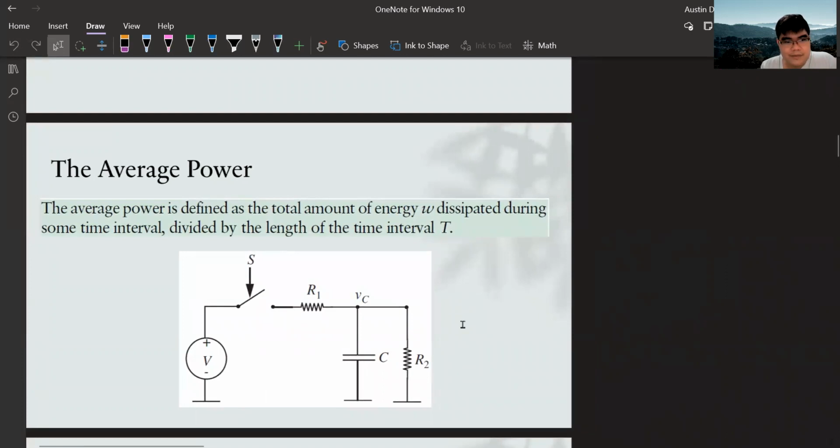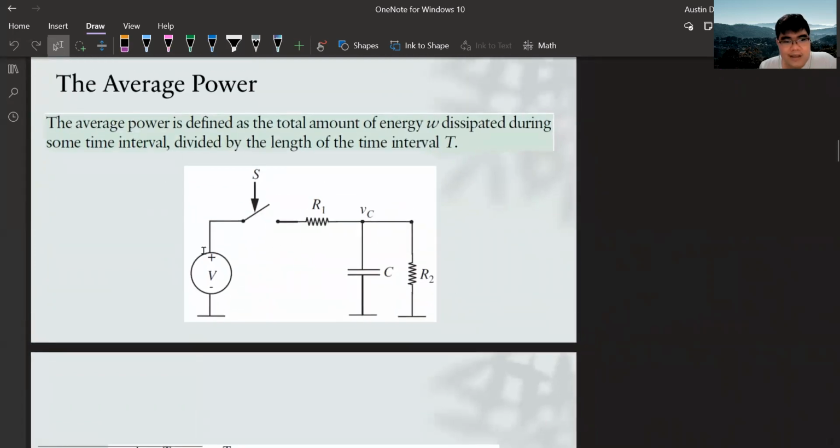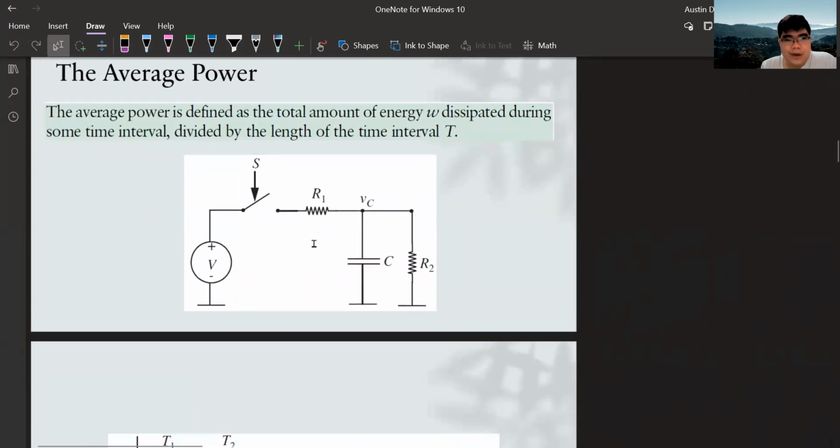All right, let's try to understand this circuit. When I close the switch, a current will flow here and another here, and the capacitor will charge up.